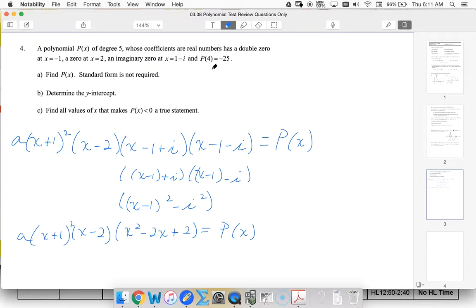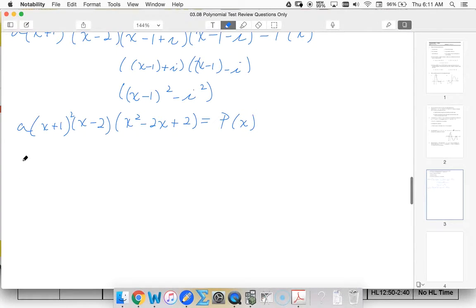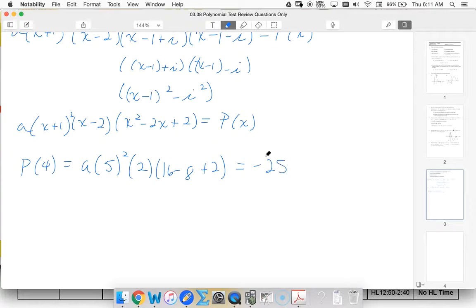So now I know p of 4 is -25. So I'll use that. So p of 4 is a times 4 plus 1, that's going to be 5 squared. 4 minus 2 is 2. Whoa, wait, 4 squared is not 8. 4 squared is 16, plus 2 equals -25.